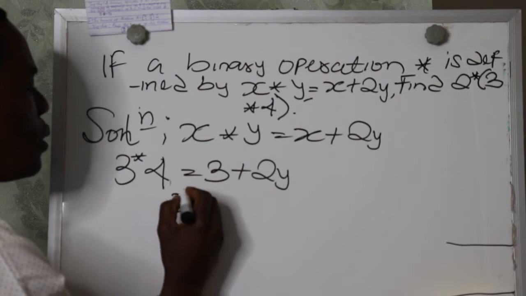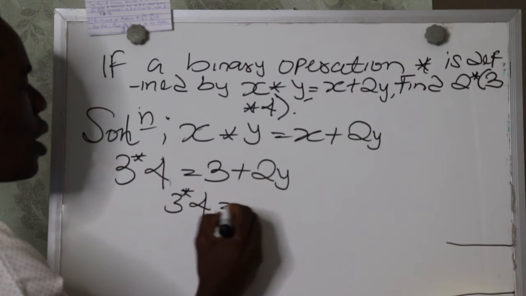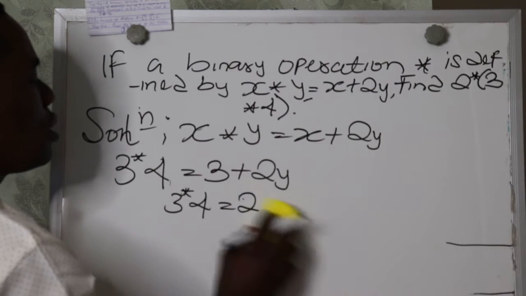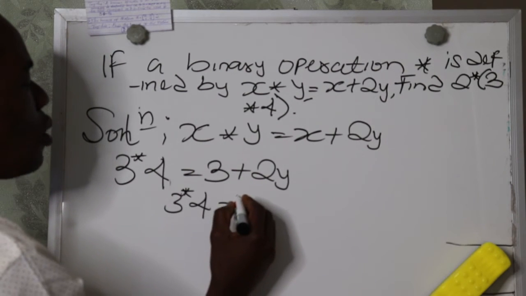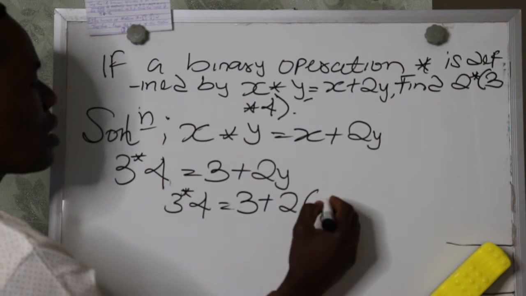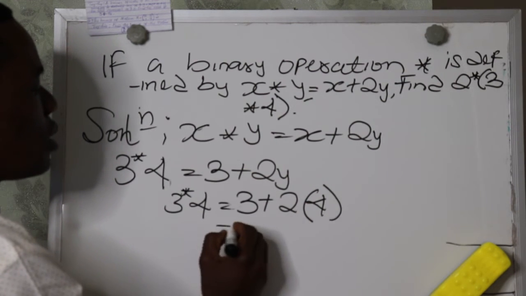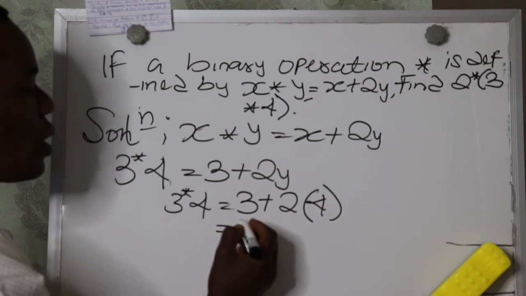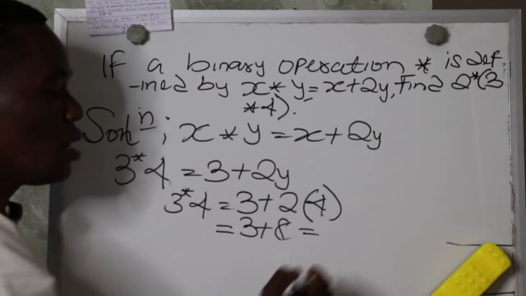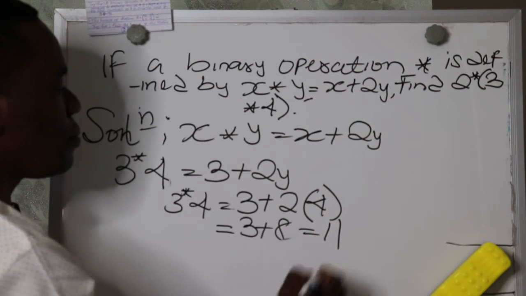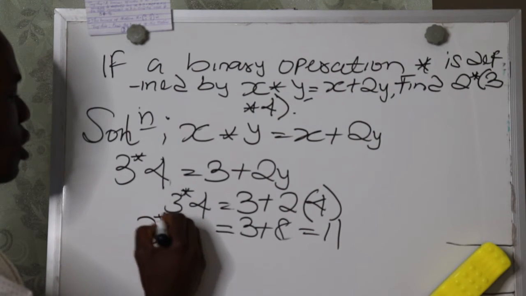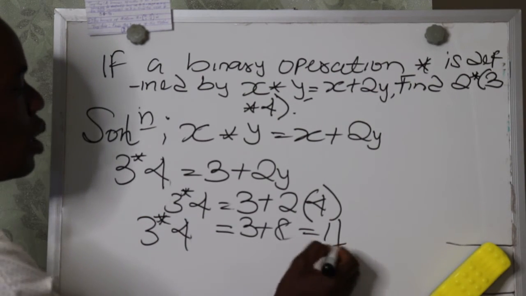So 3 operation 4 will now be equal to 3 plus what? 2 into bracket 4. Now, if we evaluate this further, we are going to have 3 plus what? 8, and that will be equal to 11. So you see now that 3 asterisk 4 is equal to 11.